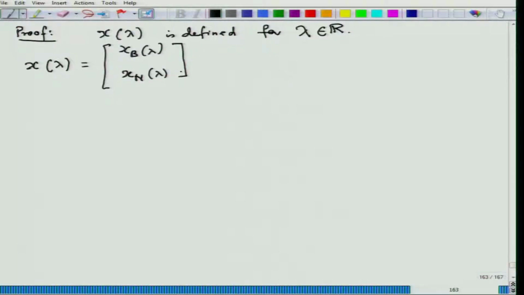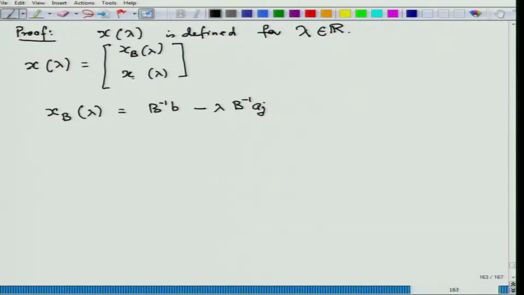This is the way you should partition it. So, x B lambda I define as follows. Now x N lambda has two parts, or J minus I_B, whatever; n is a better symbol.